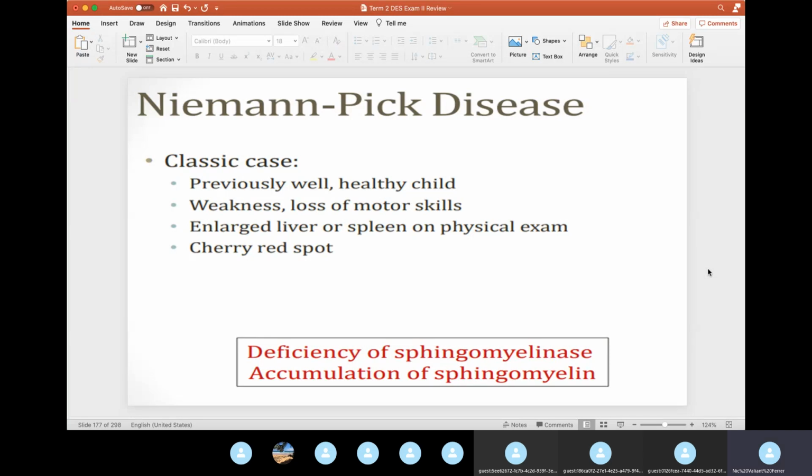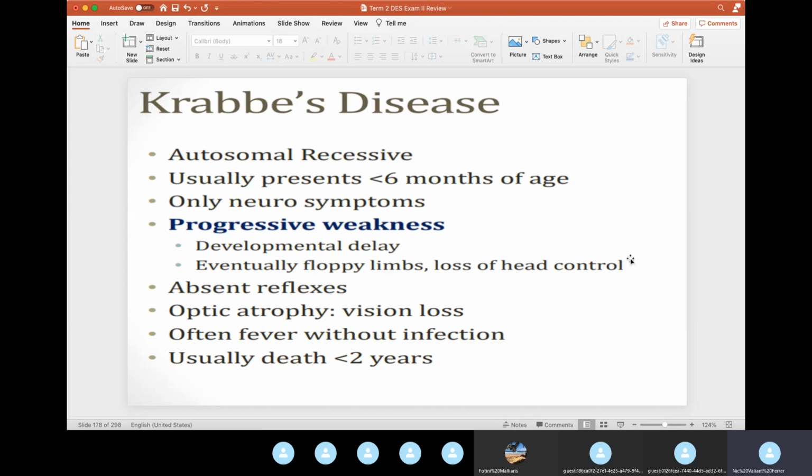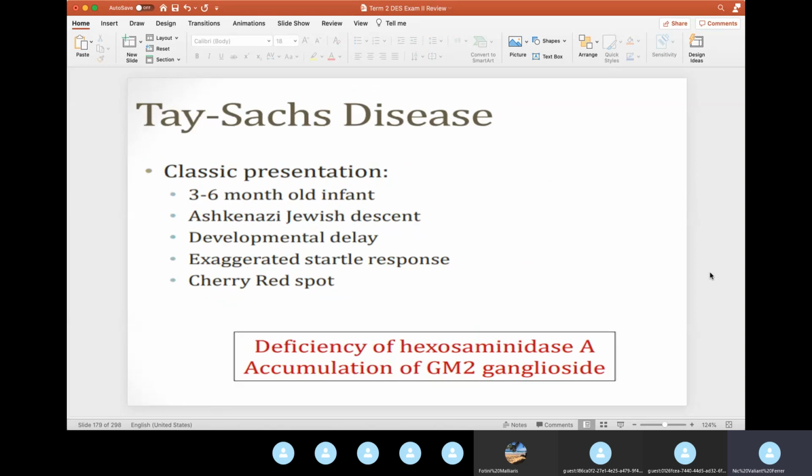They have the same cherry red spot. How about Krabbe's? You can have progressive weakness, absent reflexes, and optic atrophy. Tay-Sachs, as I've said, is most common in Ashkenazi Jewish. You have a cherry red spot, however, no hepatomegaly.